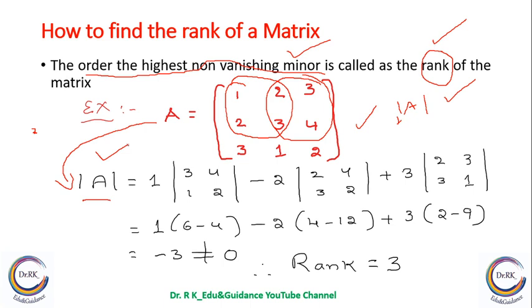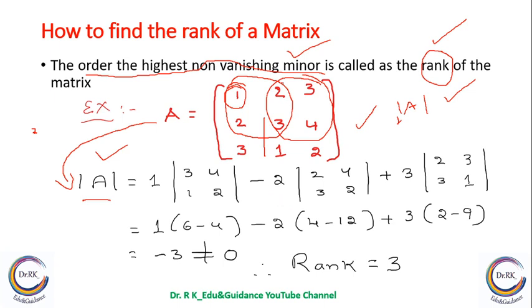So how to do this? I assume that we know how to expand the determinant. Otherwise, 1 into its corresponding minor, leaving that row and leaving that column, whatever submatrix we get, its determinant. Right? 1 into the determinant of 3 4 1 2. Minus, because it is minus 1 power i plus j, where it is first row and second column, 1 plus 2 is 3, therefore minus comes here.